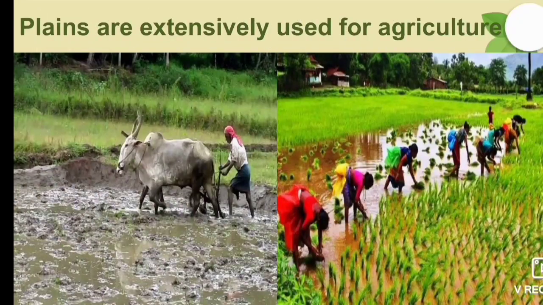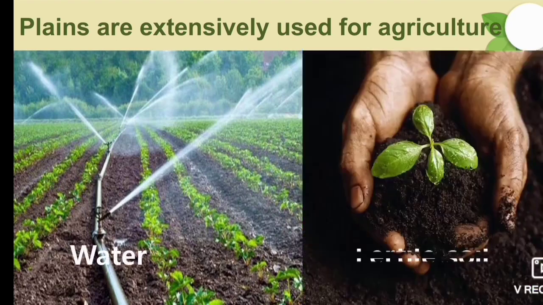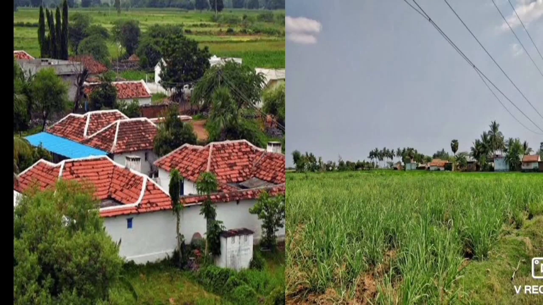Plains are extensively used for agriculture due to the presence of water and fertile soil, which means mineral rich soil. So the plains are most suitable for human inhabitation, which means the living place of humans. Hence they are highly populated regions of the world.